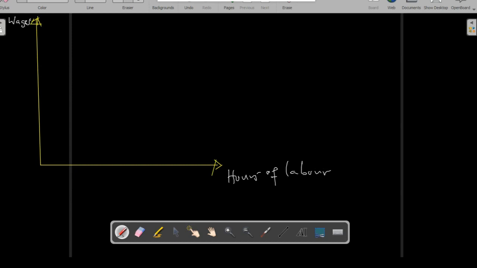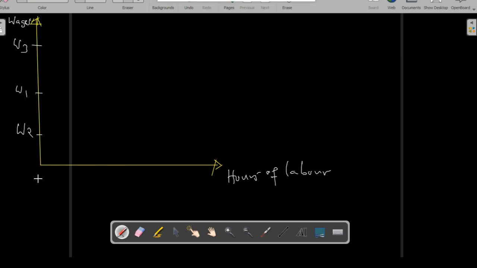So for that case, when you try to demonstrate the graph showing this perspective, let's assume we have wages on the left-hand side, and on the x-axis we have the hours of labor.